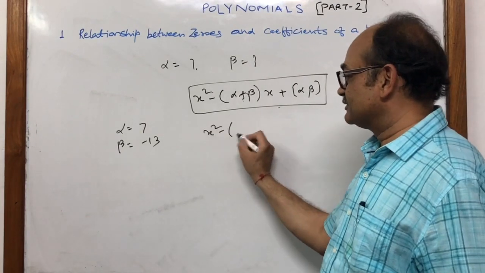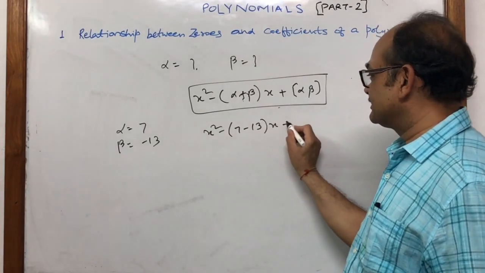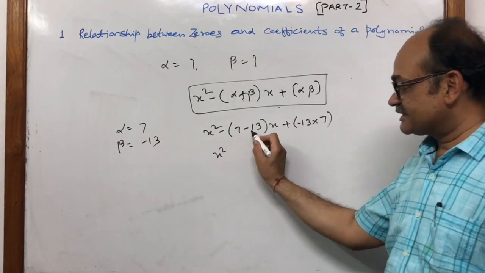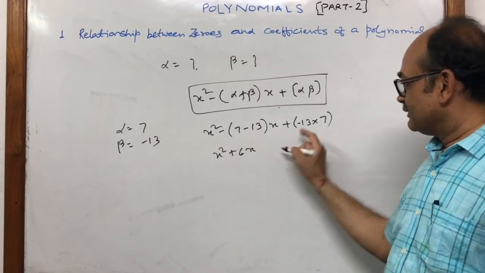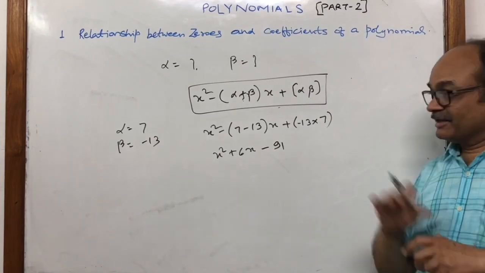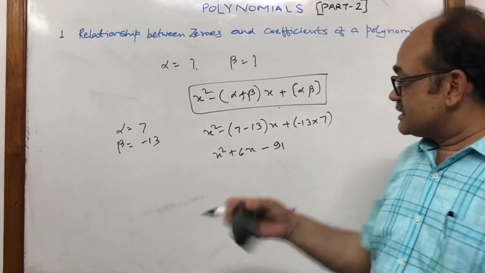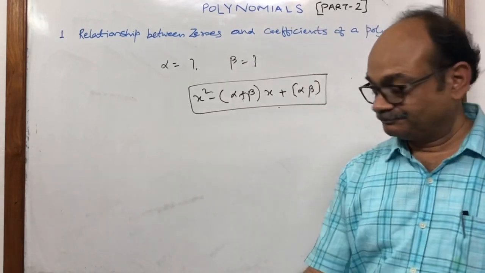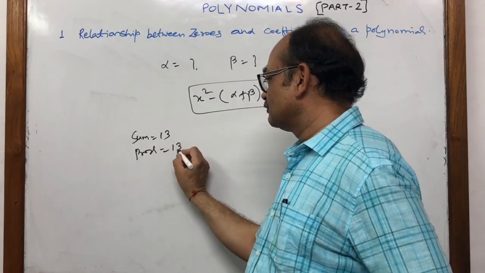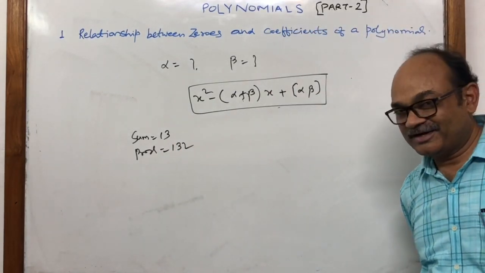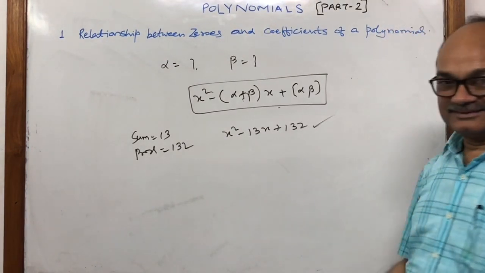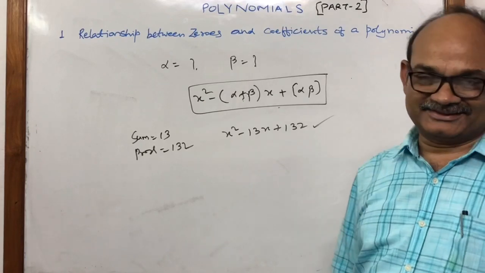So substitute the values: x square minus sum of zeros into x plus product. Next, sum and product given: sum 13, product 132, form the quadratic polynomial. Answer. These are objective questions or single 1 mark questions.